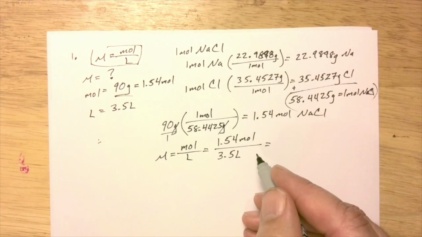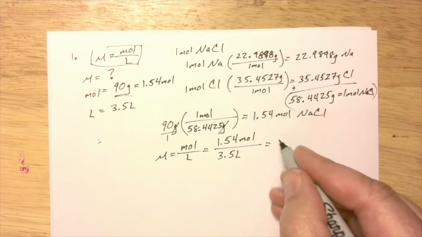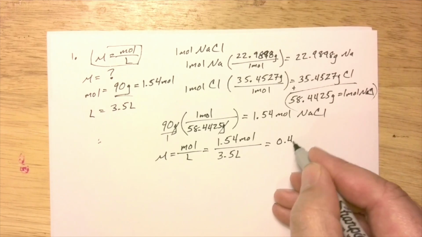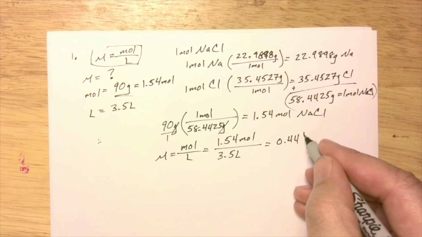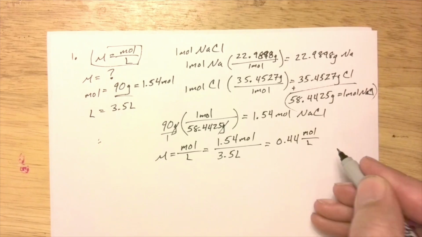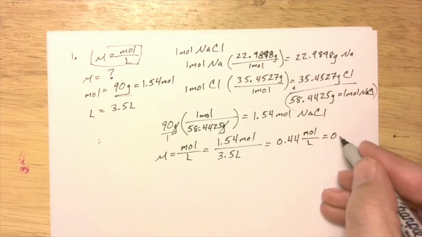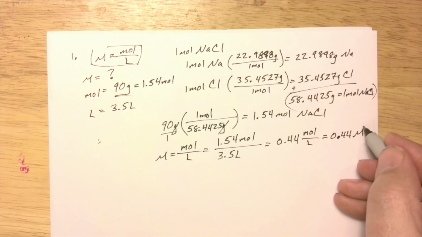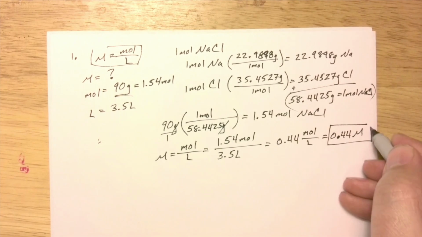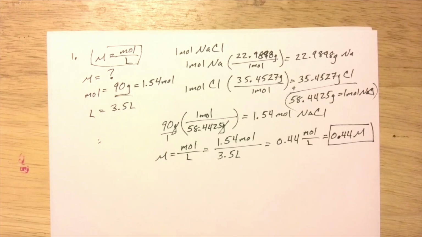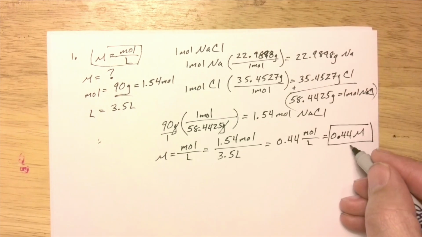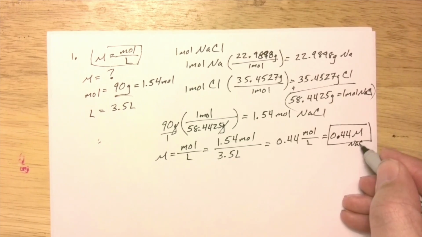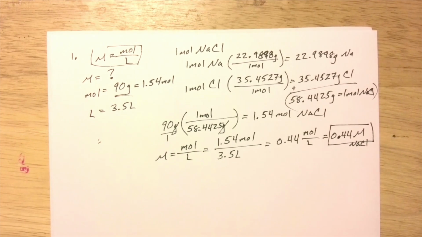So when you divide it out, you end up getting 0.44, and technically the unit would be a mole per liter, but they redefine that as 0.44 molar. So that is your answer. So you have a 0.44 molar, and I should put underneath here, sodium chloride. Okay, so that's the concentration.